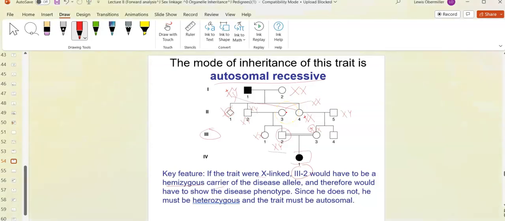So this particular male would have to be hemizygous, because this female could definitely get an affected X here, but in order for this female to show this trait, she would have to have two affected X chromosomes. It's impossible for this male to have an affected X because it would show the trait, and this would be filled in. Right. So that's why we know that it's autosomal recessive and not X-linked.